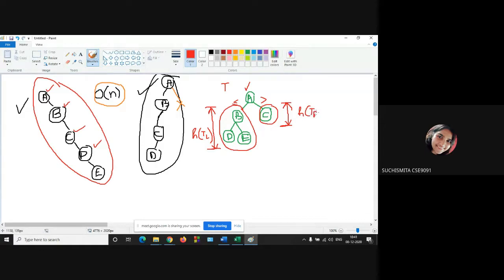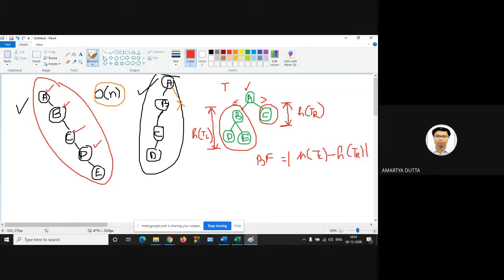Yes, sir. So the balance factor of your tree is the absolute value of h of TL, the height of the left subtree, minus the height of the right subtree. So this is the balance factor.